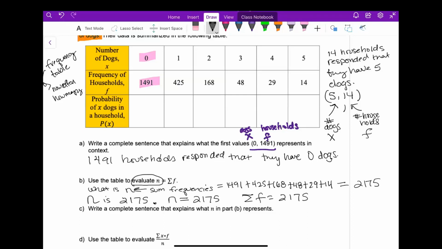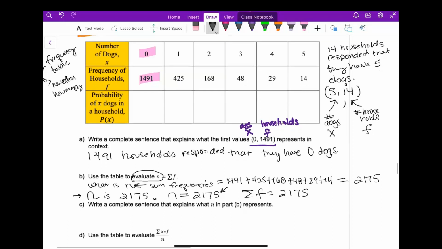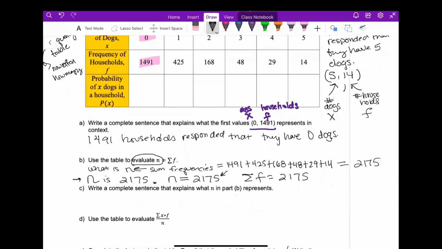I think either the sentence or the number like this is more appropriate because in a little bit they're going to ask you to use N. So I don't want to associate it too much with the sum of frequencies, but rather with N. Part C. Write a complete sentence that explains what N in Part B represents. Oh, what is N?